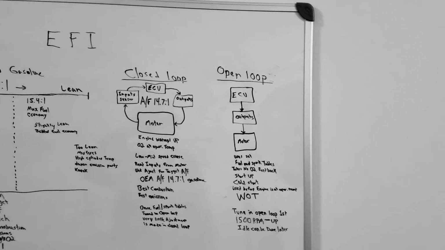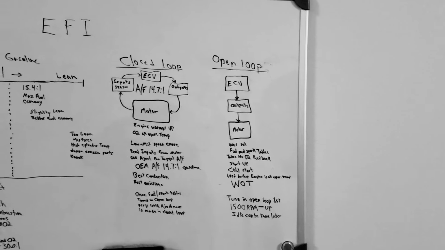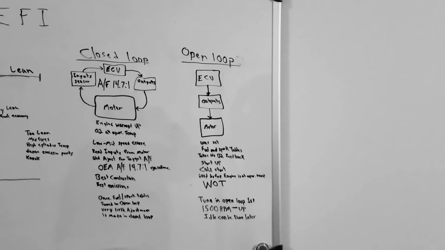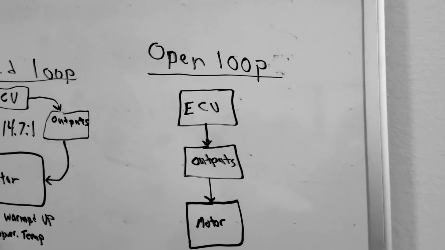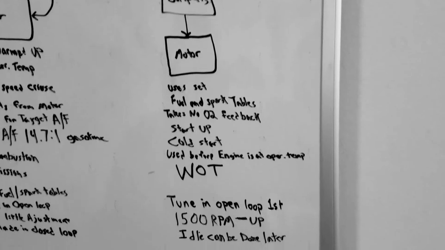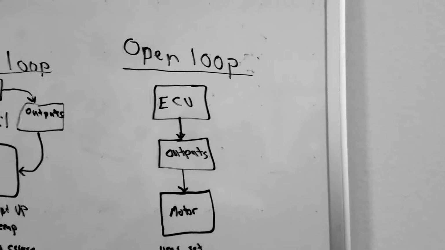EFI basically functions in these two systems, and it switches back and forth. Our first system, I'll go ahead and talk about, is our open loop. The open loop is our first system because this is what the car is running in when we crank it up in the morning and you have a cold start and you get that awesome sound from the exhaust.